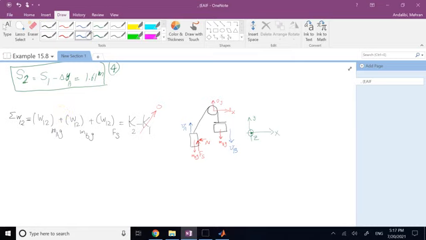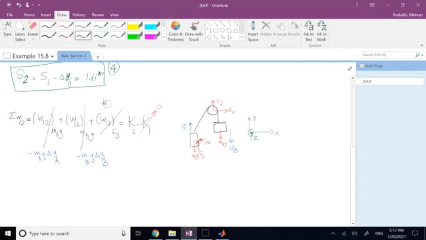And the work by the mg's, you know, we learned in class the work of mg on a particle. In general, it is negative mg times delta y of the object. And we learned that the work of the spring in general is what?